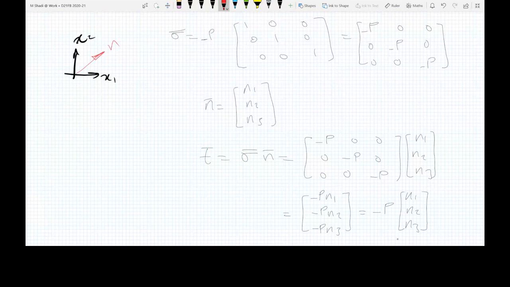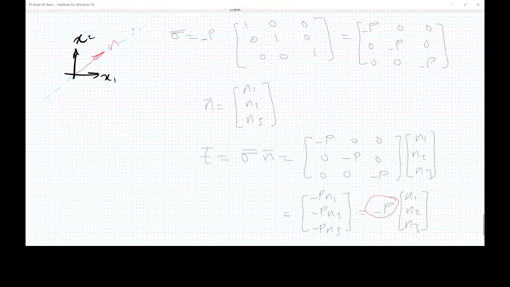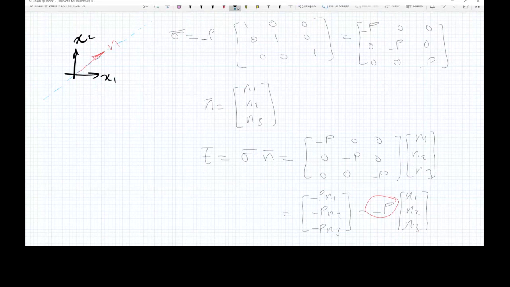If you look into this, you'd see that minus p multiplied with n is only going to elongate or shrink n, or flip its direction, but this new vector is always going to stay on the same line. No matter how big or small a value you pick for p, the new vector is always going to stay on the same line.